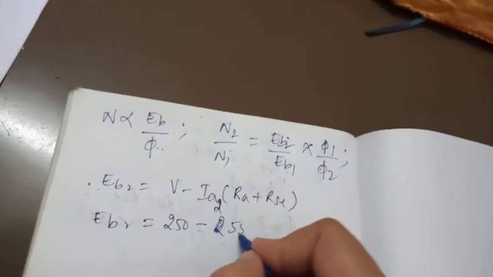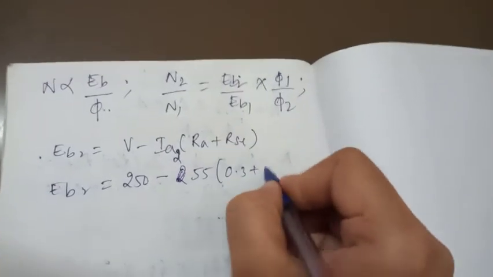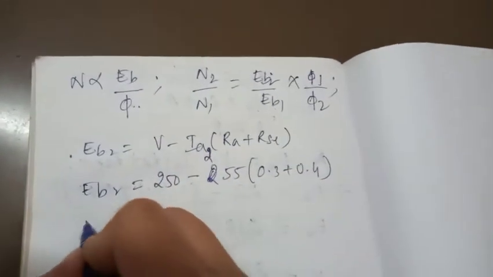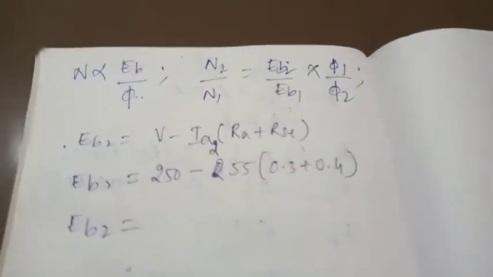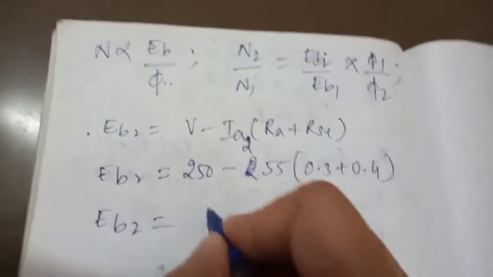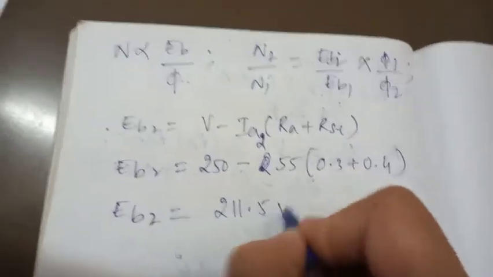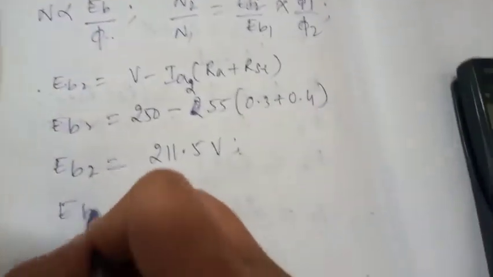So 55 into RA plus RSE. RA is 0.3 and RSE is 0.4. It will come around EB2 is equal to 211.5 volts.